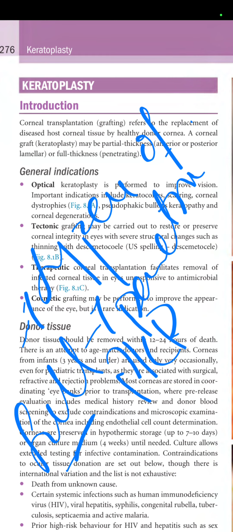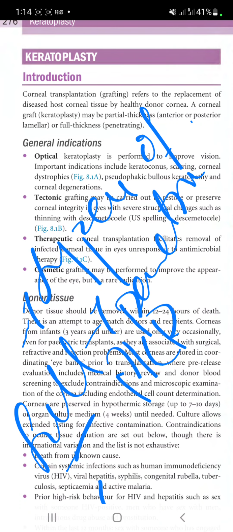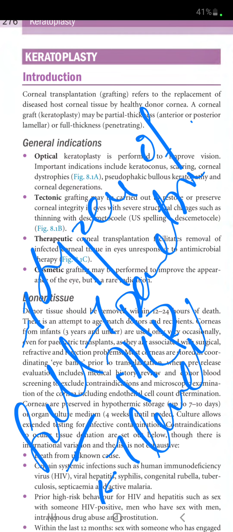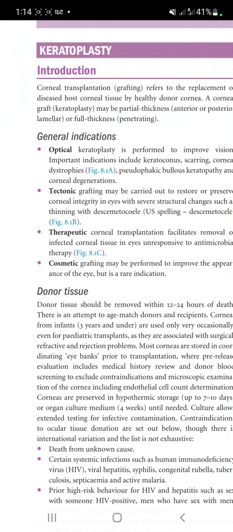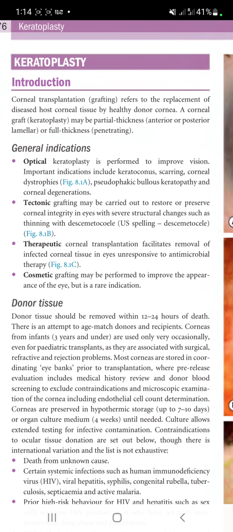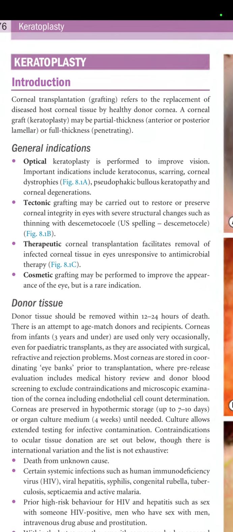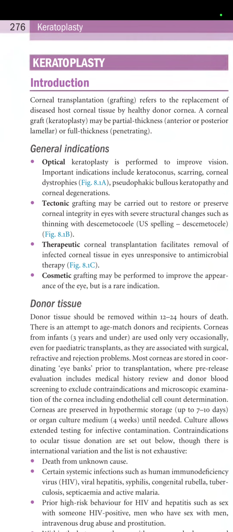When you replace a layer of the cornea with a donor cornea, it is called lamellar keratoplasty, and it can be superficial or deep, and it can be anterior or posterior.